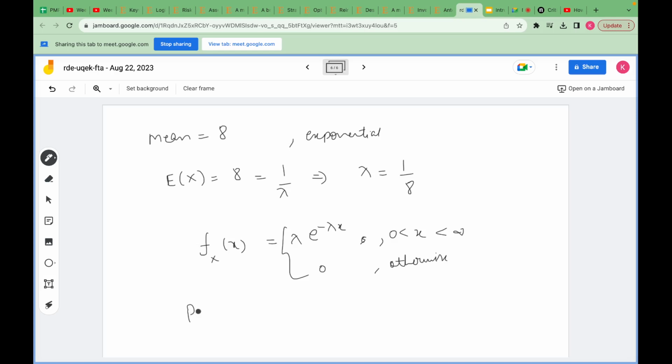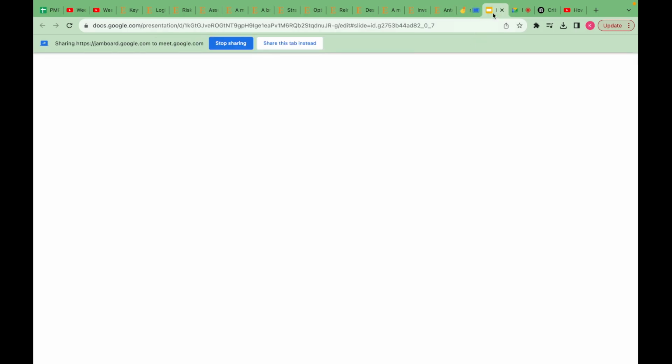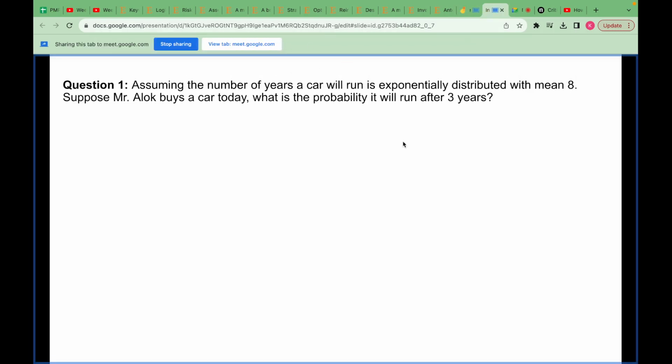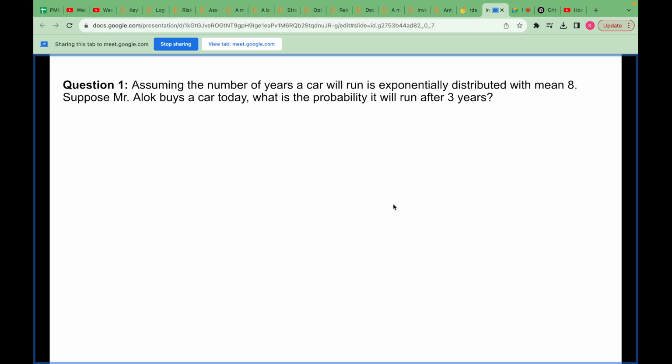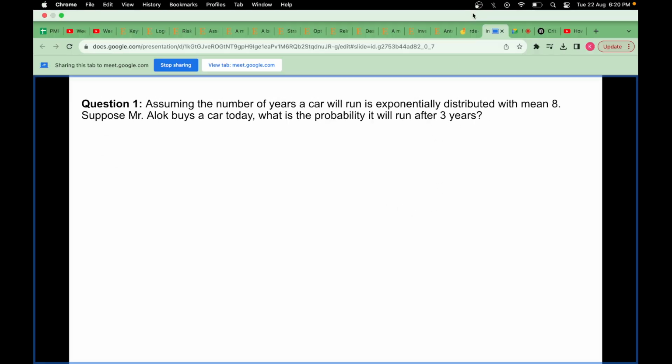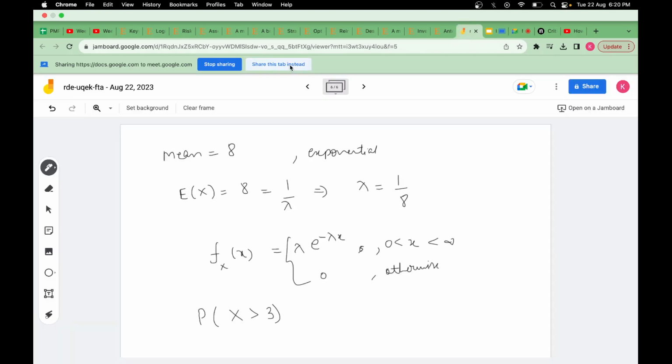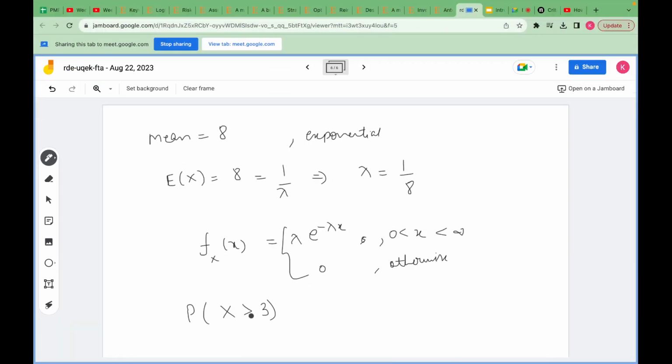Now we are asked what is the probability that x will be greater than 3. So we will again see the question. Here it is asked the probability that it will run after 3 years. Okay, so we are seeing here what is the probability that x is greater than 3.